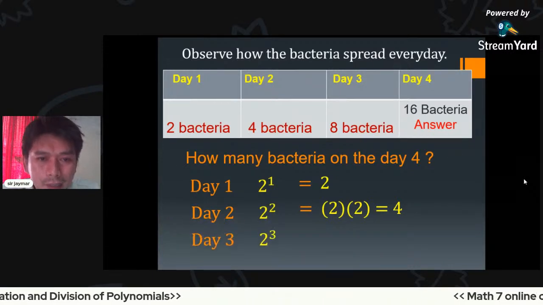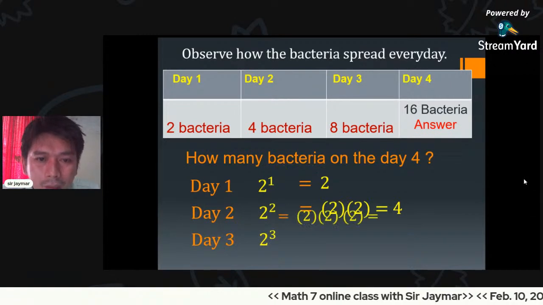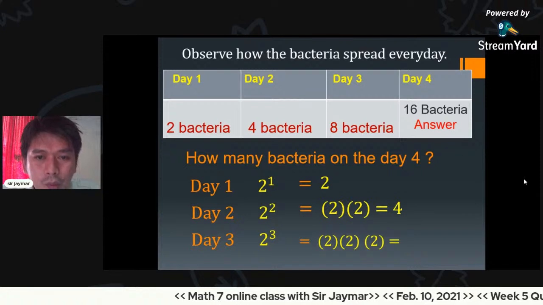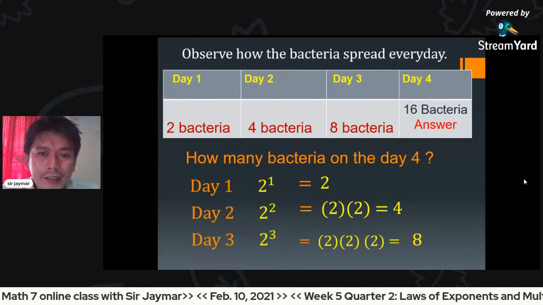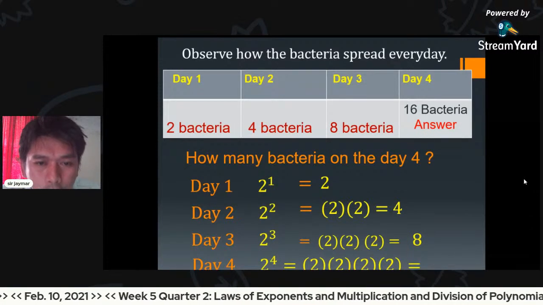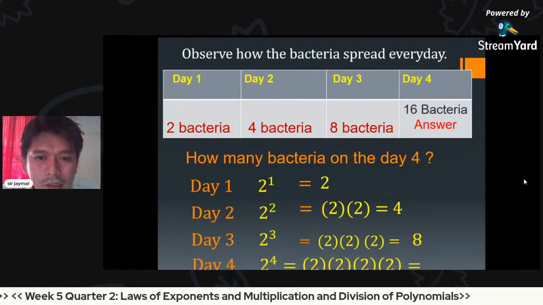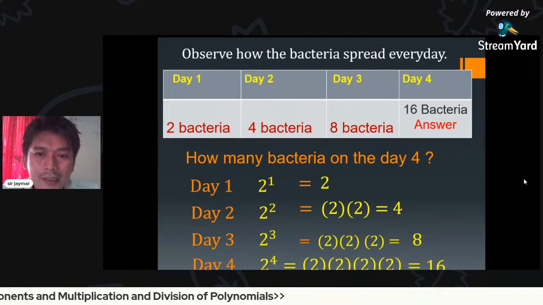The next day will be 2 raised to 3. In expanded form, it is 2 times 2 times 2, which becomes 8. And finally, in day 4, 2 raised to 4, so 2 is multiplied 4 times. The answer is positive 16.